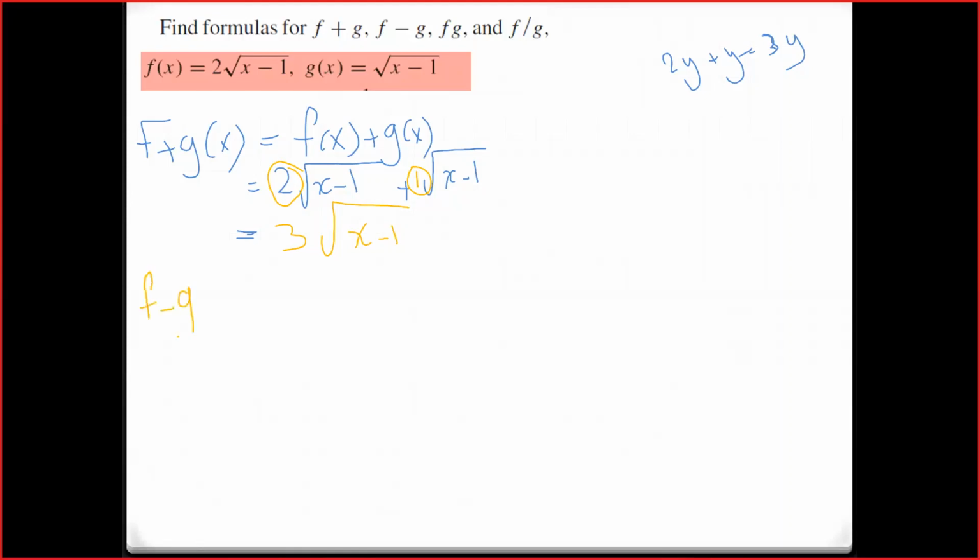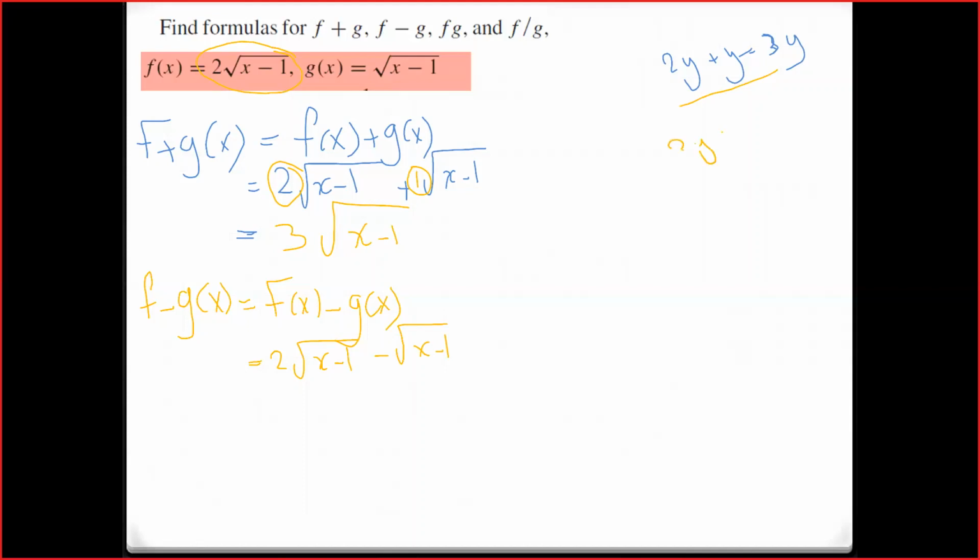Yes, teacher. Okay. Now f minus g of x, I can write it as f of x minus g of x. F of x is 2 square root of x minus 1 minus square root of x minus 1. Here now, it's not like 2y plus y equal 3y.